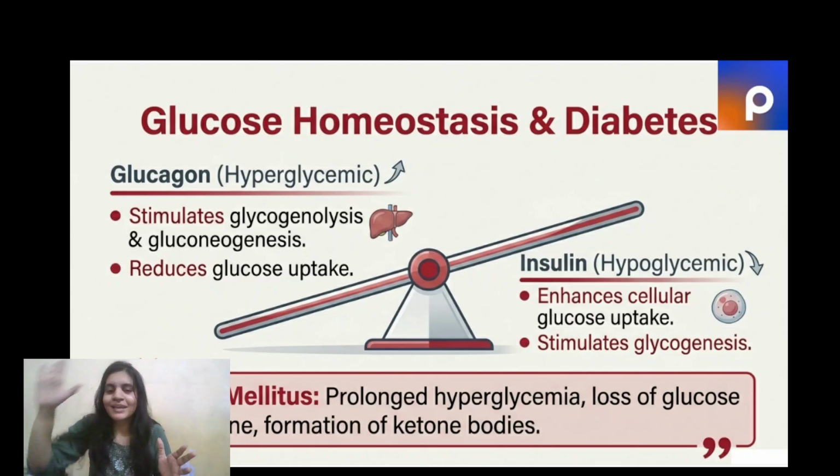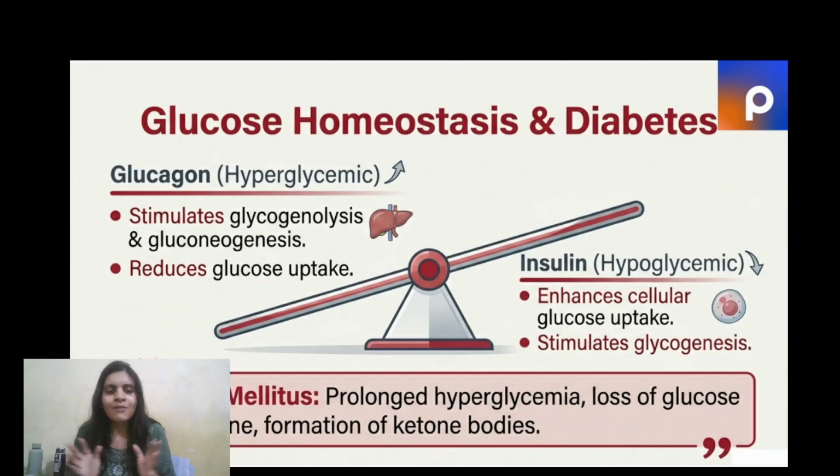And insulin is the antagonist, the exact opposite of it. It is a hypoglycemic hormone. What it does, it enhances the cellular uptake of glucose. So when the glucose moves into the cell, it reduces in the blood. Also, when it goes into the cells, it stimulates glycogenesis. It stimulates the formation of glycogen.